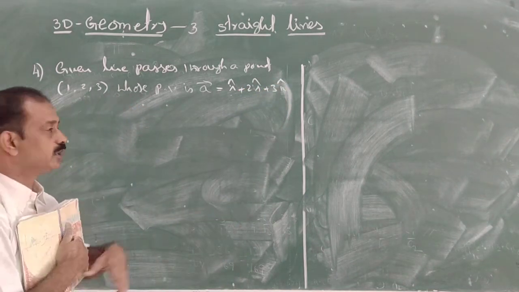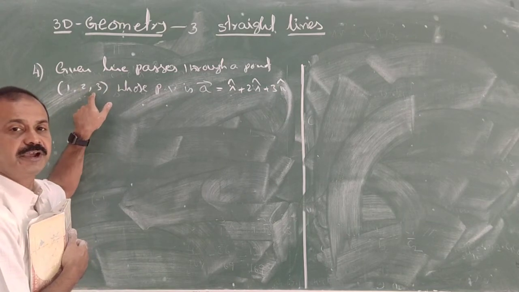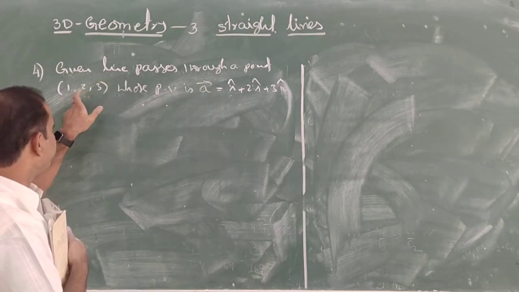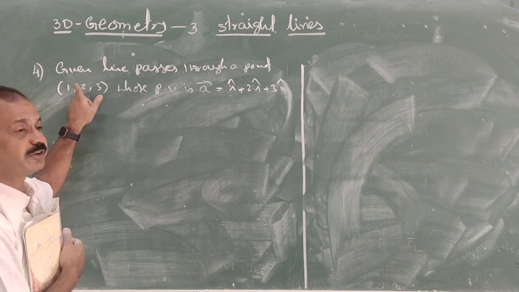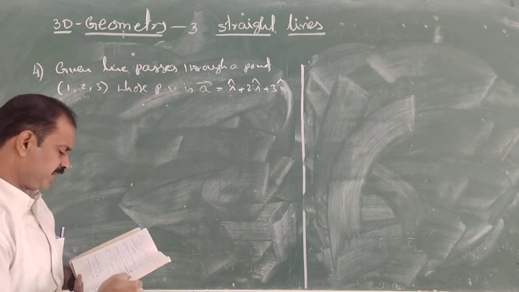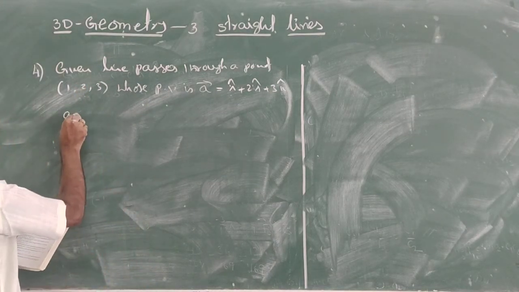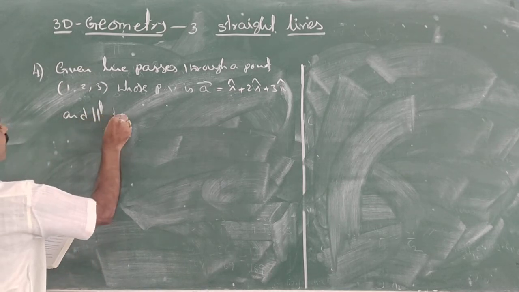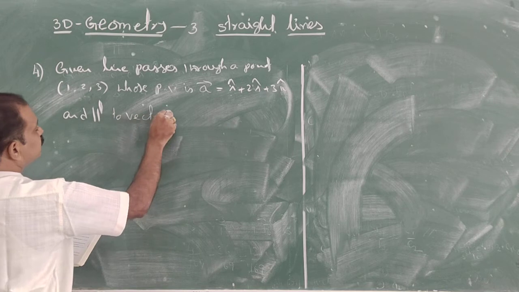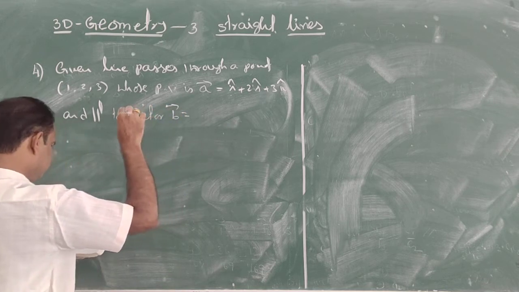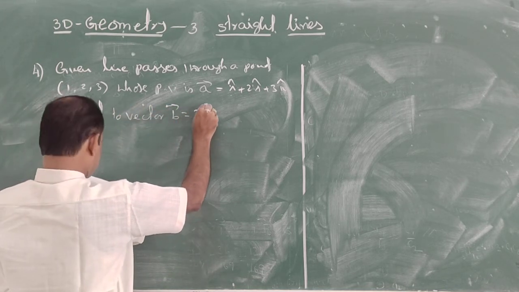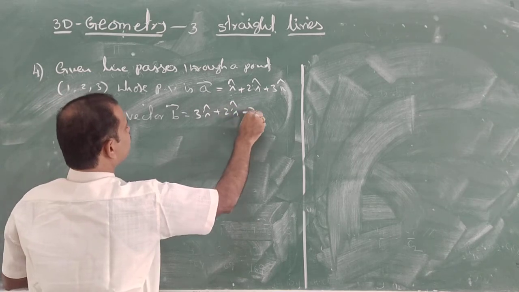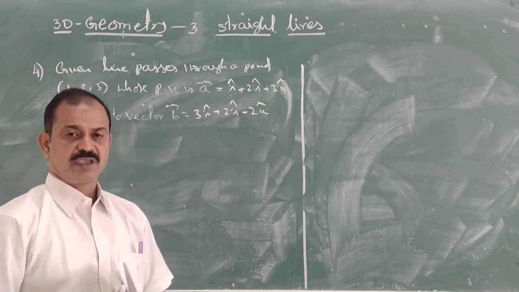Just to recall the vectors, how do you write the position vector of a point? In the last session also I explained how to write the position vector of the given point. The line is parallel to vector B is equal to 3i plus 2j minus 2k.